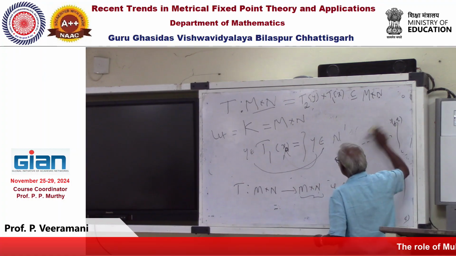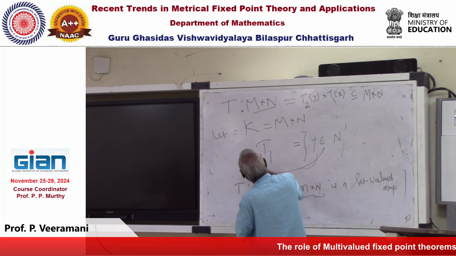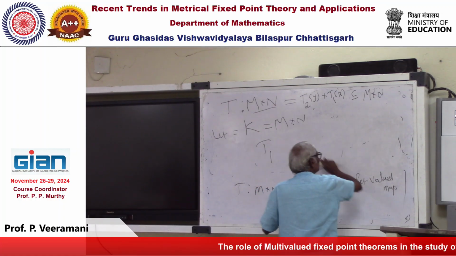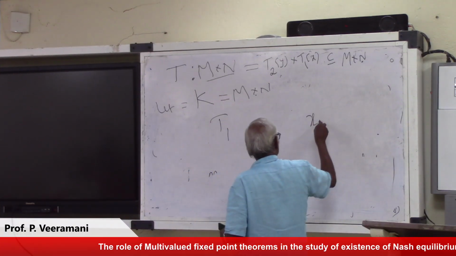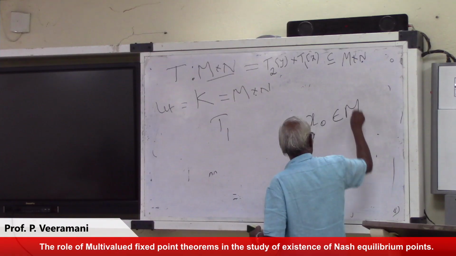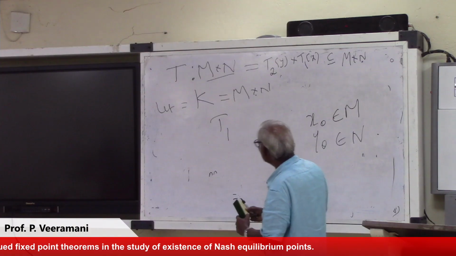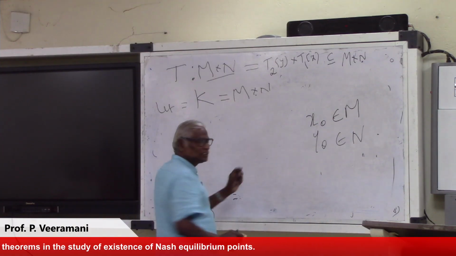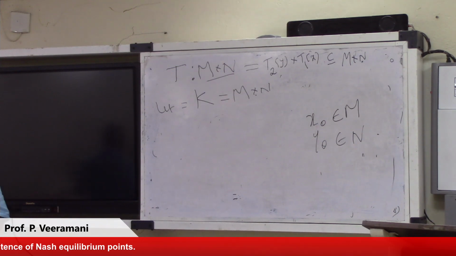Suppose we want to select x naught from M and y naught from N. Then this selection should give the maximum profit for both.